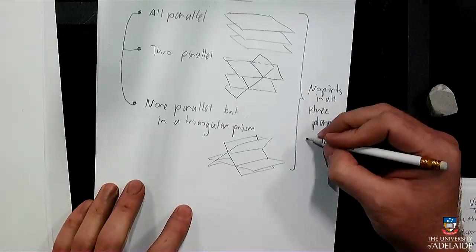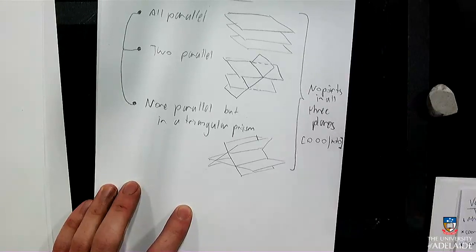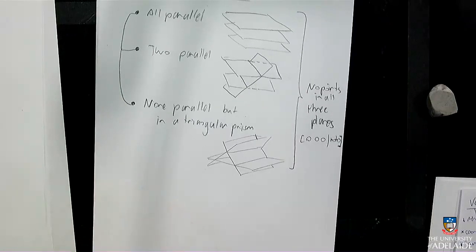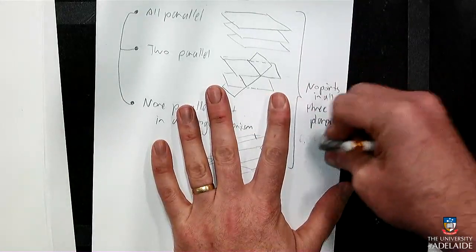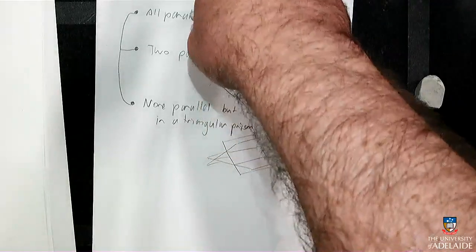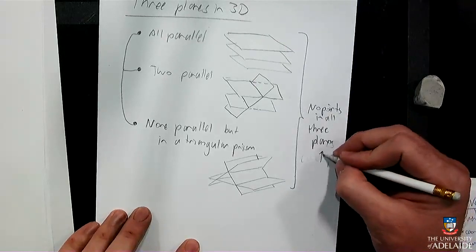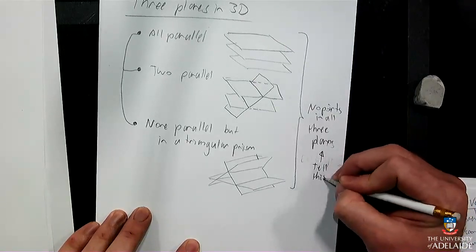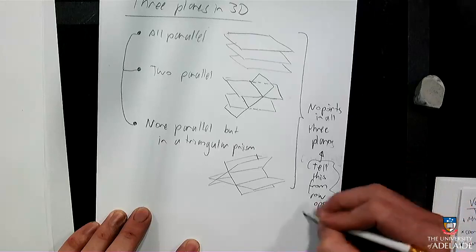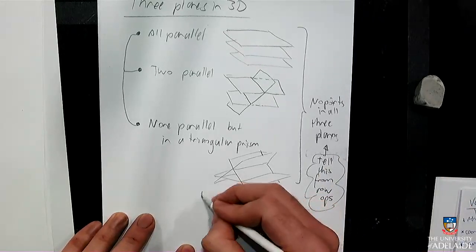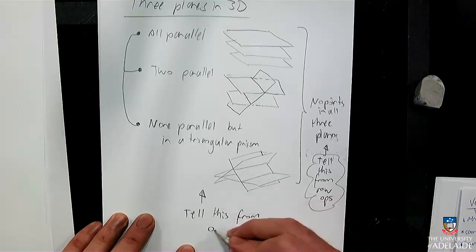So, no points in all 3 planes will happen when my matrix gets something like this: 0, 0, 0, not 0. But these are distinguished by the original equations. Okay, so I can tell this from the matrix, from the row operations. And this from the original equations.